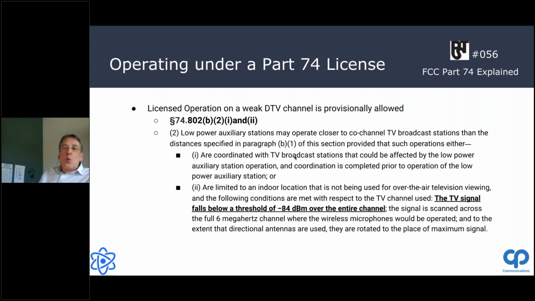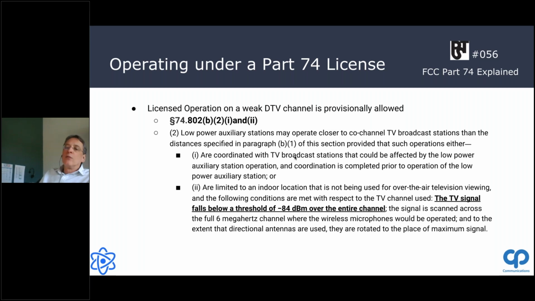So what the FCC permitted was if you are inside a venue and the signal level from that DTV broadcaster was not greater than minus 84 dBm across the 6 megahertz wide TV channel, then you could operate wireless microphones there.